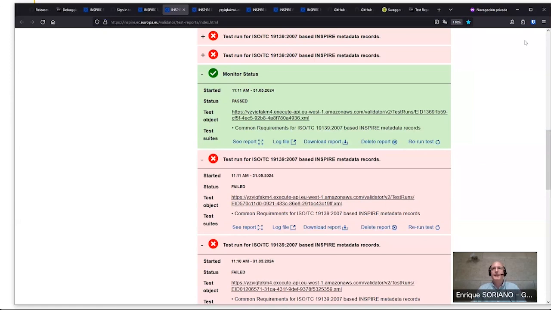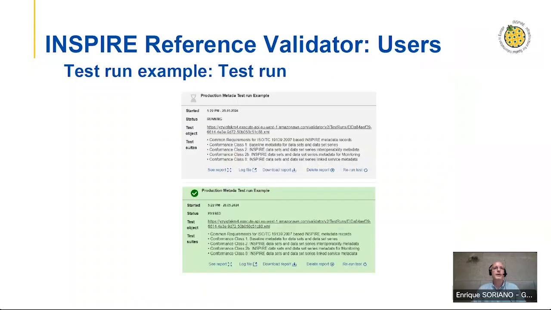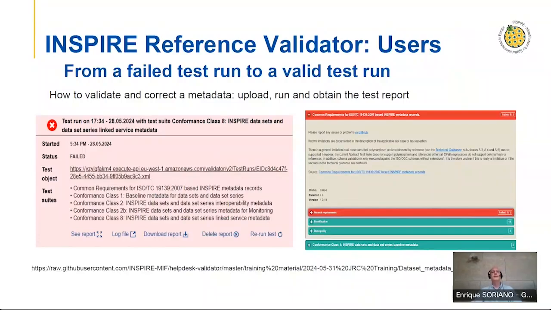So, that said, for this tour, we wanted to go for an example where we move from a failed test run to a valid test run. The information that we are going to use at this point is available in a specific training folder where you can access it.